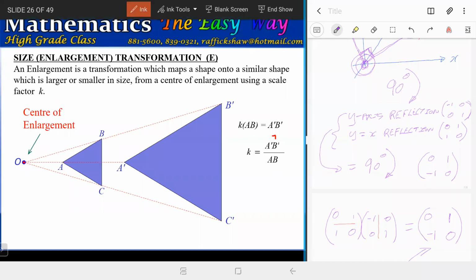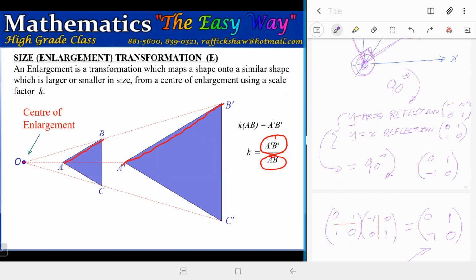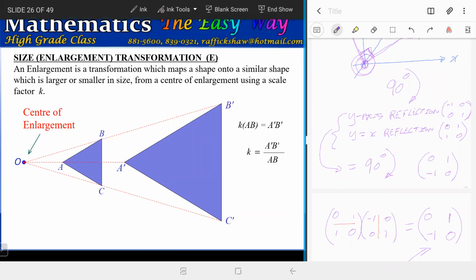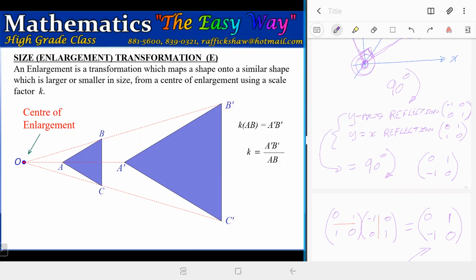This is an image distance because it's a distance on the image. This is an object distance because it's a distance on the object. My scale factor is an image distance divided by an object distance. And it makes sense because I have to multiply the object distance by the scale factor to get the image distance. It makes full sense.